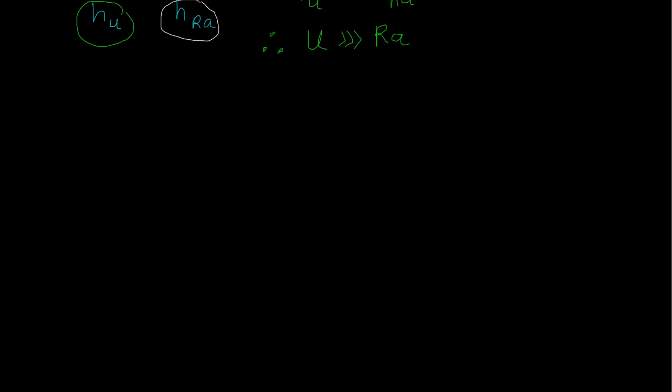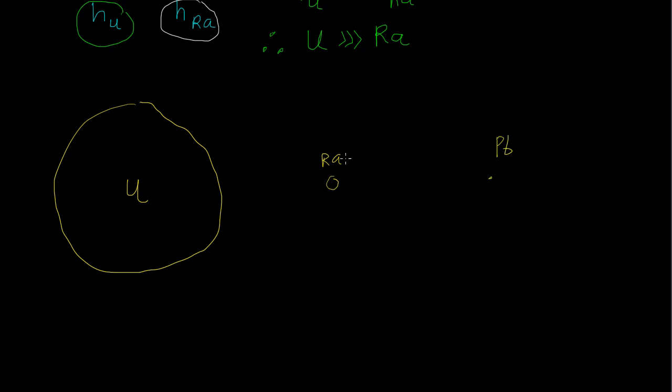We have a giant reservoir of uranium, and then a very small reservoir of radium, and an almost really tiny reservoir of lead. And what's kind of cool here is this shows exactly how radioactive decay works. The inputs of radium depend on the concentration of uranium, and they also depend on the half-life.